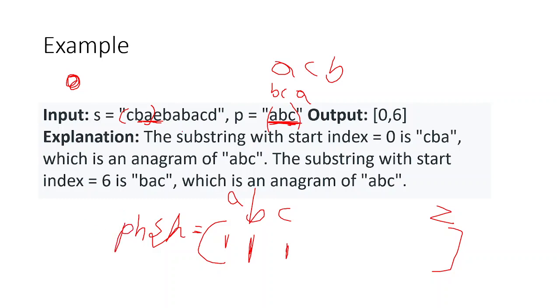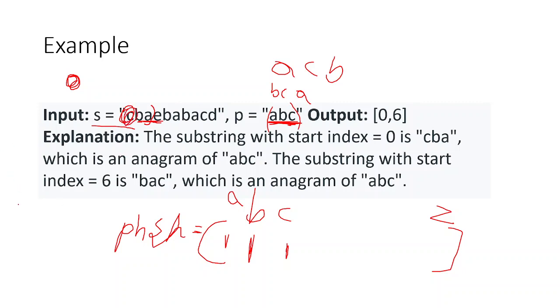Simultaneously we create a hash for S, and we check if both the arrays or vectors are equal. If both are equal, we just push the starting index of S, right?